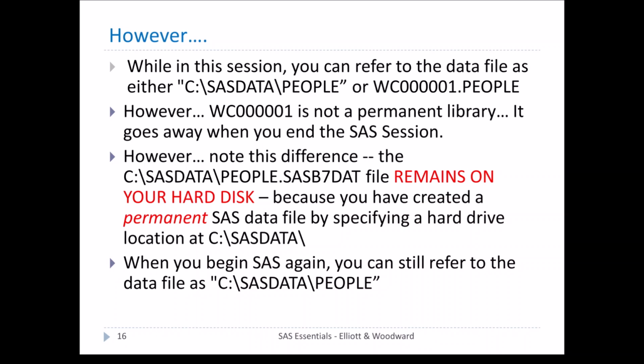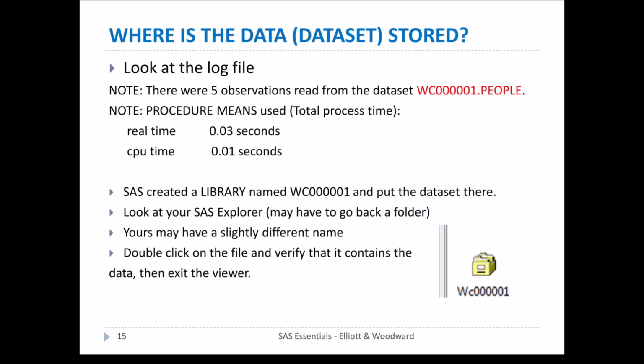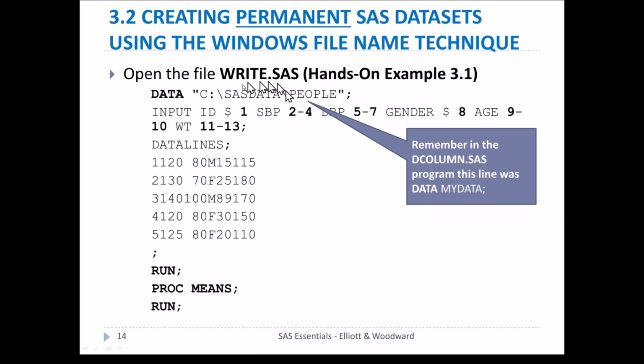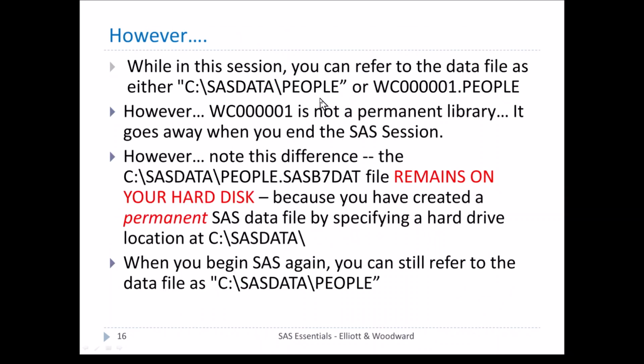So the link, the library name WC000001, goes away, but the file itself, the data itself, is still on our hard drive in C:\SAS data. If you recall, when we created that data set, we gave it a specific location, and that caused it to be saved on the hard drive. So although the data is on the hard drive, the library name that was created goes away. So that's a tricky thing.